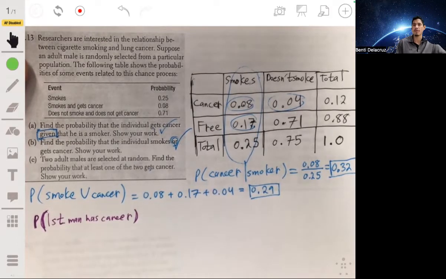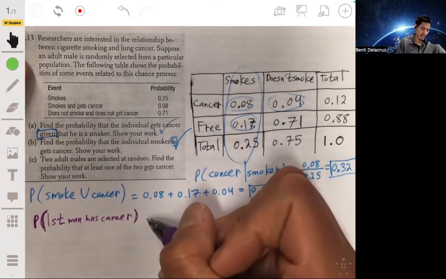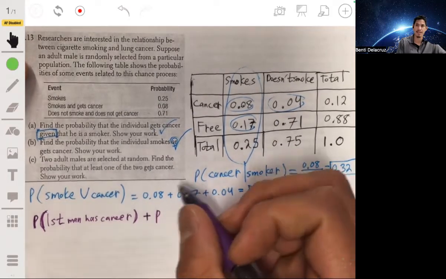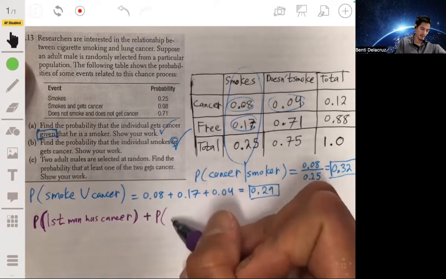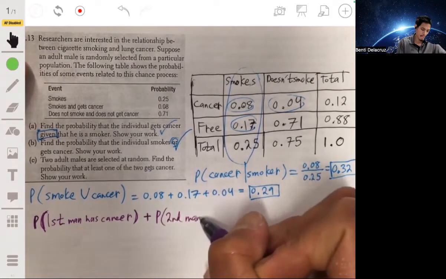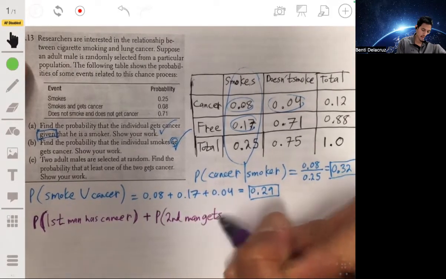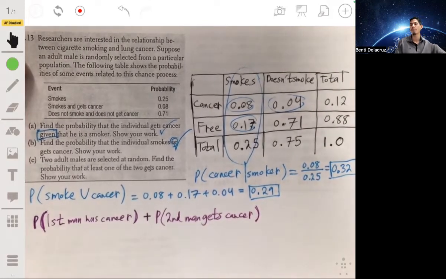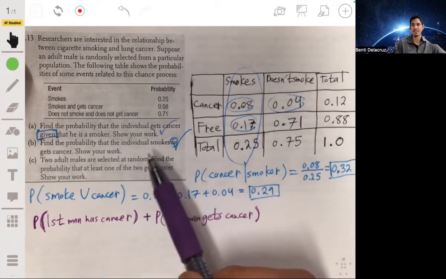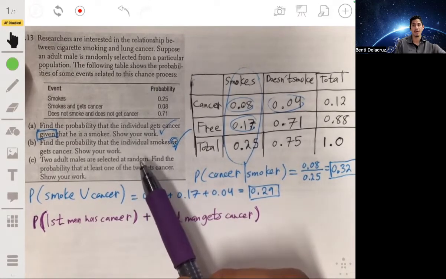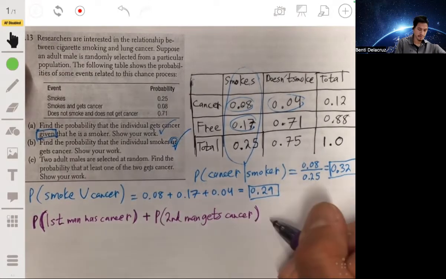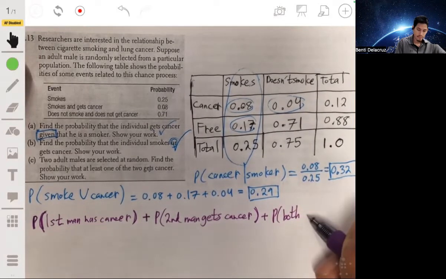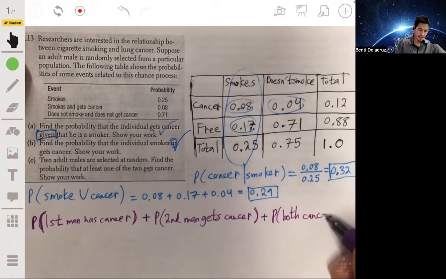First man has cancer, that satisfies at least one of them. The other thing is going to be, well, what about the second man? What if the second man gets cancer? If only the second man gets cancer, that also counts. So we add that to the probability the second man gets cancer. And the third event that satisfies this is that they both get cancer. Bad news, but that would work too. So we add that to the probability of both cancer.